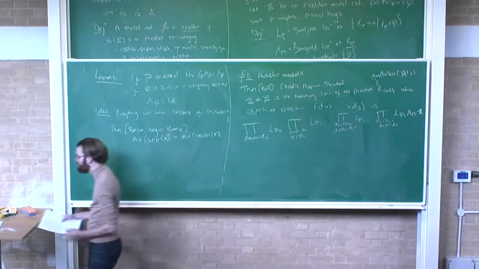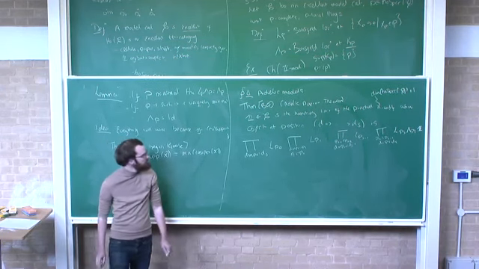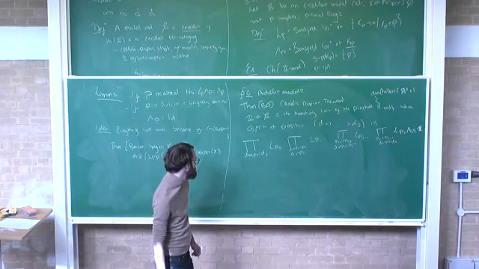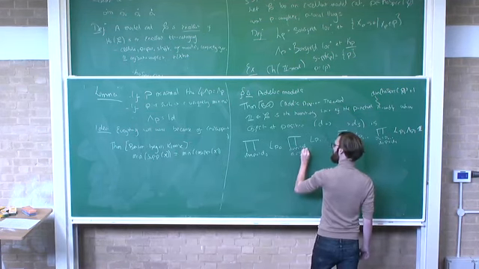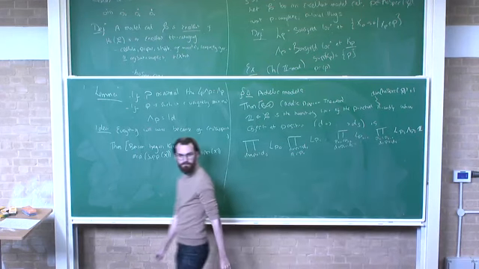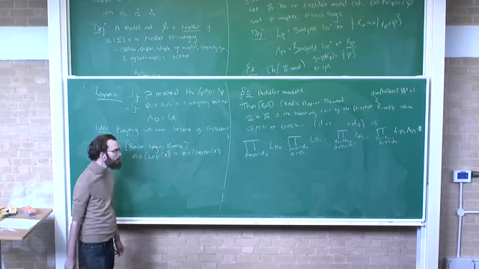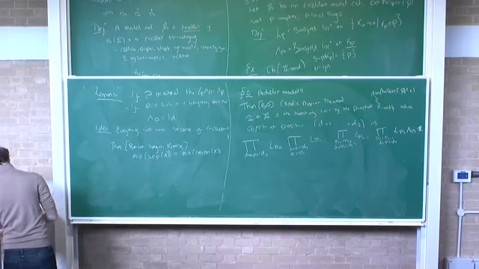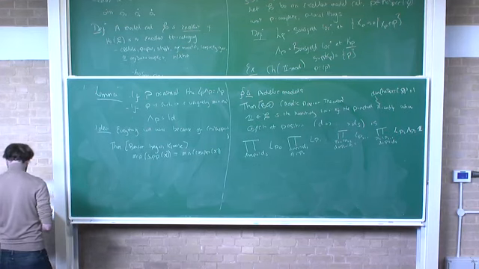We don't need completions anywhere else. And these are all just localizations. I think this P0 should be a D0. So this works for any excellent model category C.